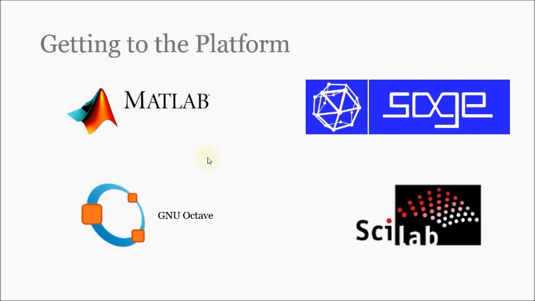In this slide, MATLAB is a purchased, non-free version. The remaining three are open source and freely available. So I highly recommend you try one of these as we do this course. That is the end of this lecture. Thank you.